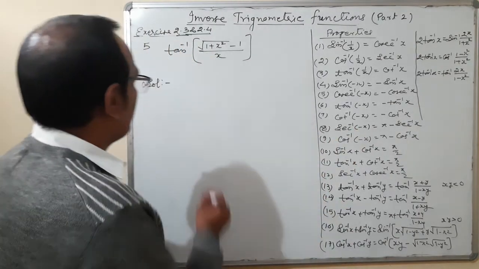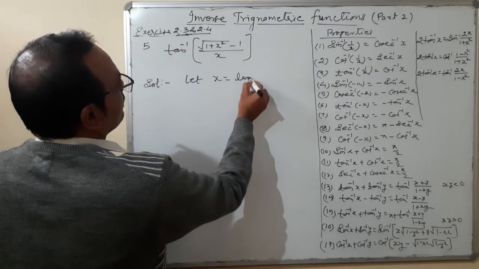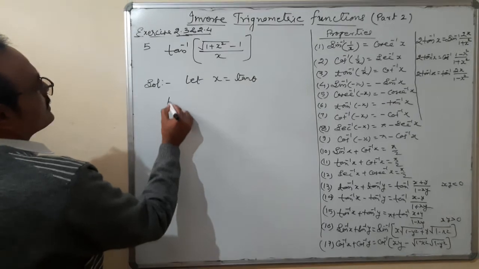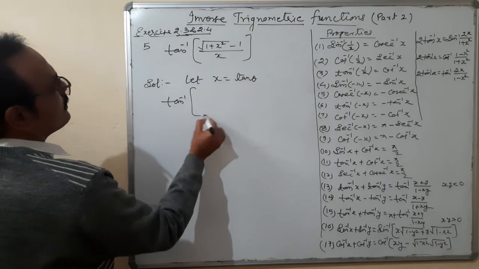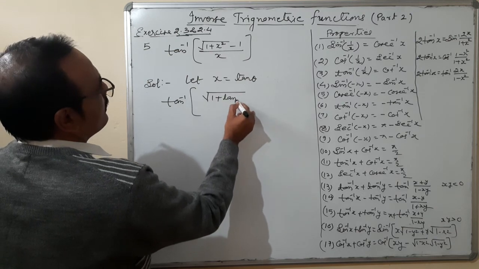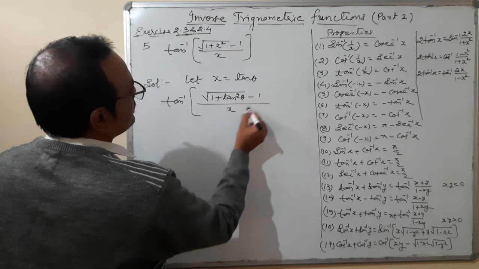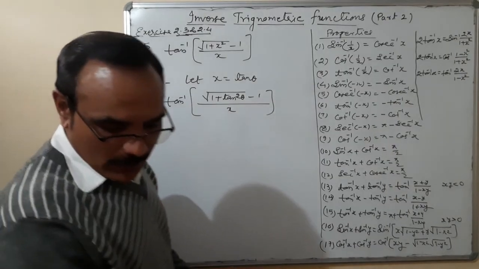So let x is equal to tan theta. That means it is coming tan inverse under root 1 plus tan square theta minus 1 upon x.